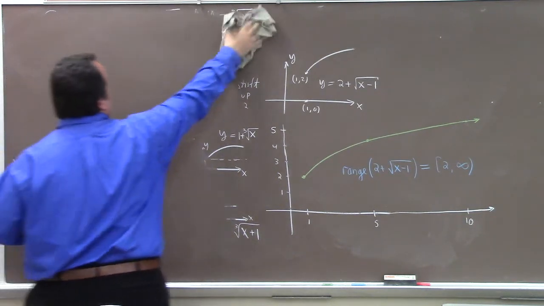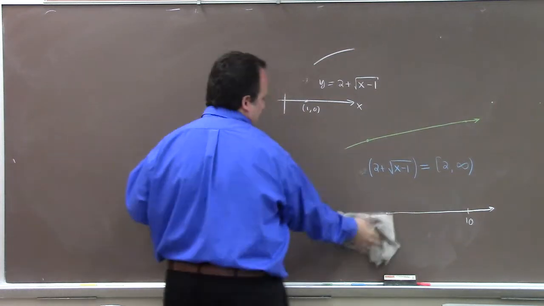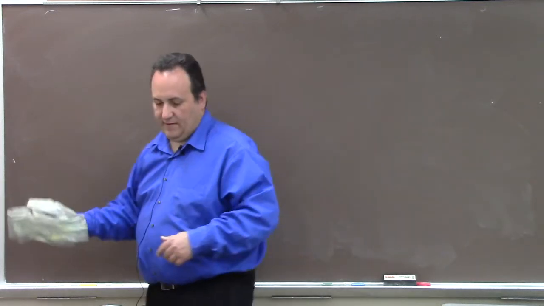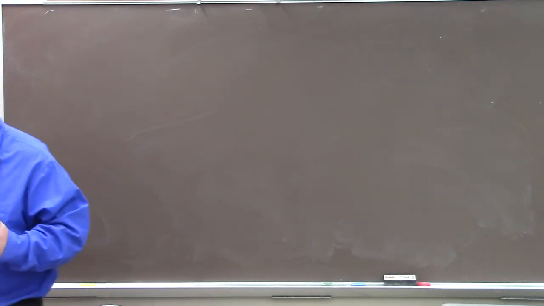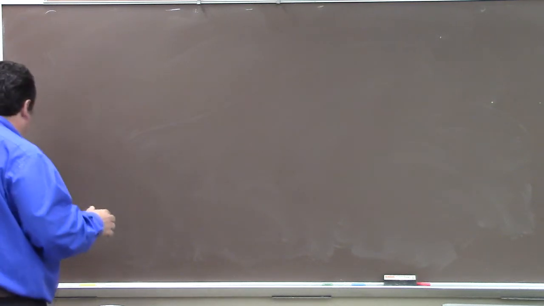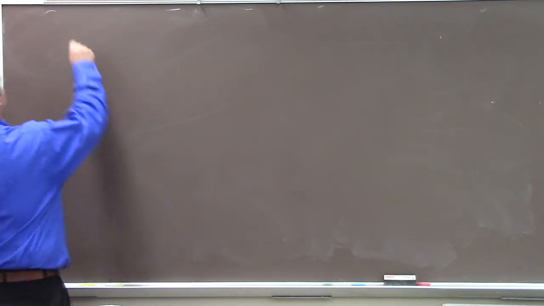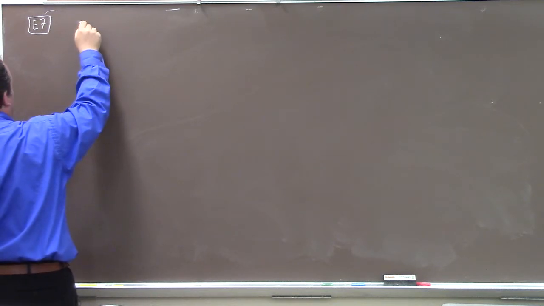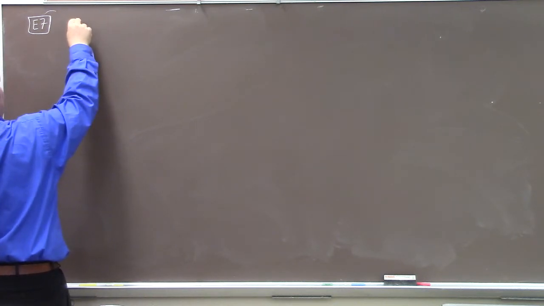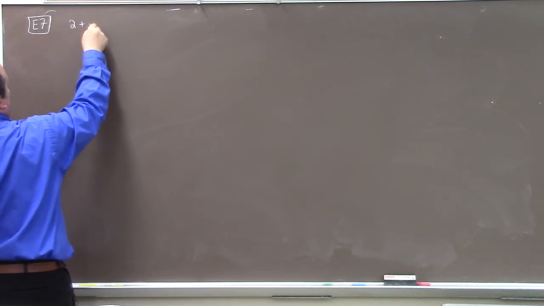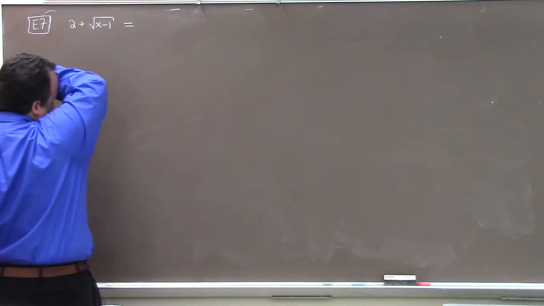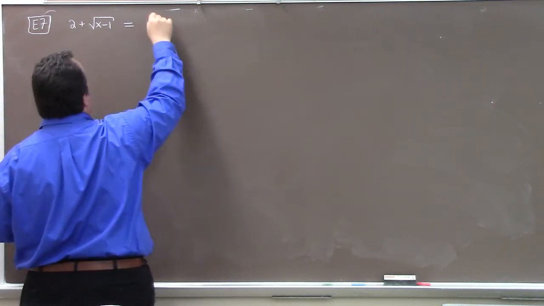Okay, so I do find that graphing rational functions is helpful as I'm thinking about solving problems. So maybe it's worth a moment of our time to look at that for just a second here. Suppose you were going to solve 2 plus the square root of x minus 1 equal to, say, x.